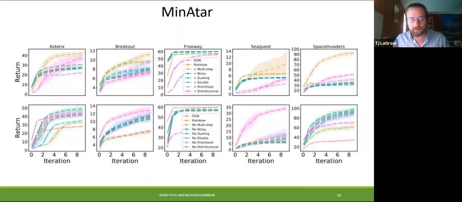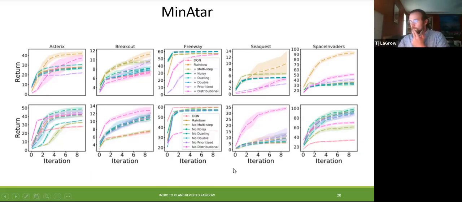And so here are the results from the different games. Here we have Asterix, and they still do the same, adding in all of the components from DQN, and then removing them as well.